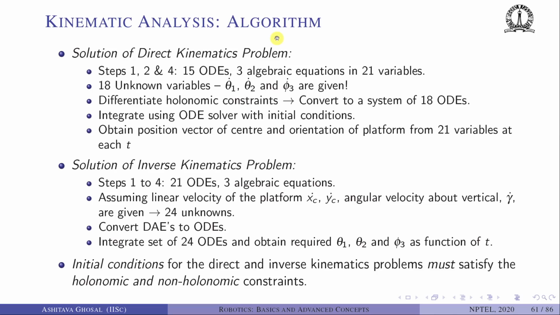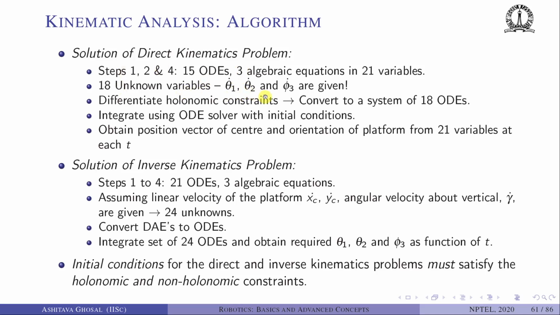Okay, so now we can write the algorithm for how to solve the direct kinematics problem. So first, from steps 1, 2, and 4, we have 15 ODEs plus 3 algebraic equations, 3 holonomic constraints, in 21 variables. There are 18 unknown variables. Why?